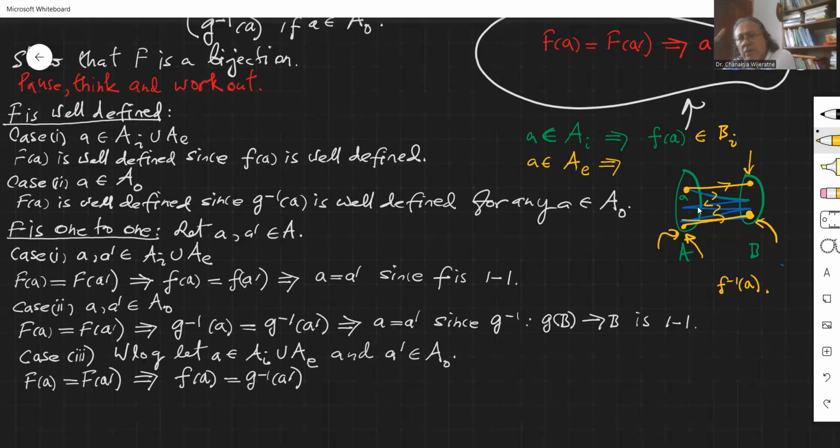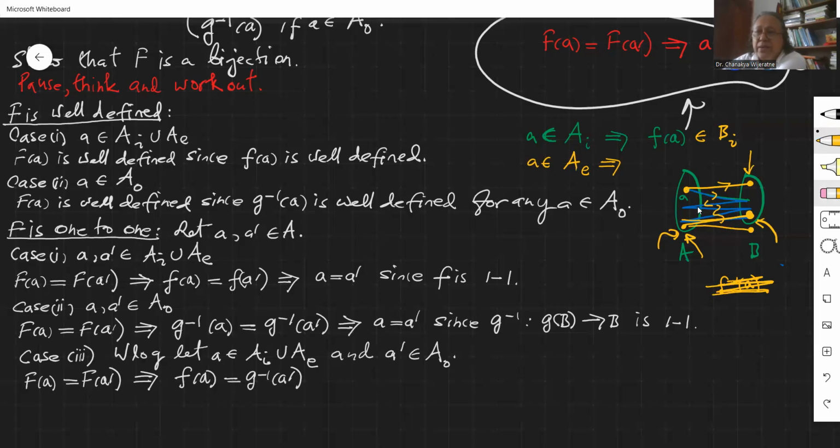Actually, we take f of this element. So that means we go back to B. Sorry.